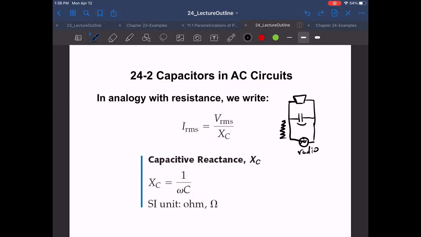The low frequency signals see the capacitor as a resistor because they start filling it up. So they split and go up through the speaker, because the speaker is the easier way for them to go. Just by doing this, you have split your signal.